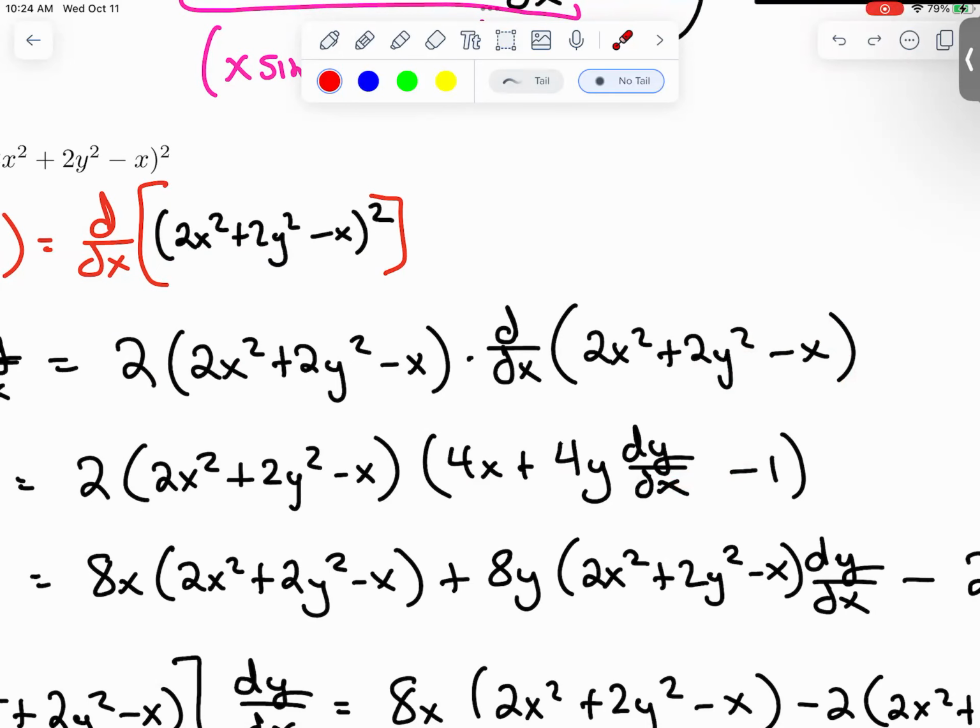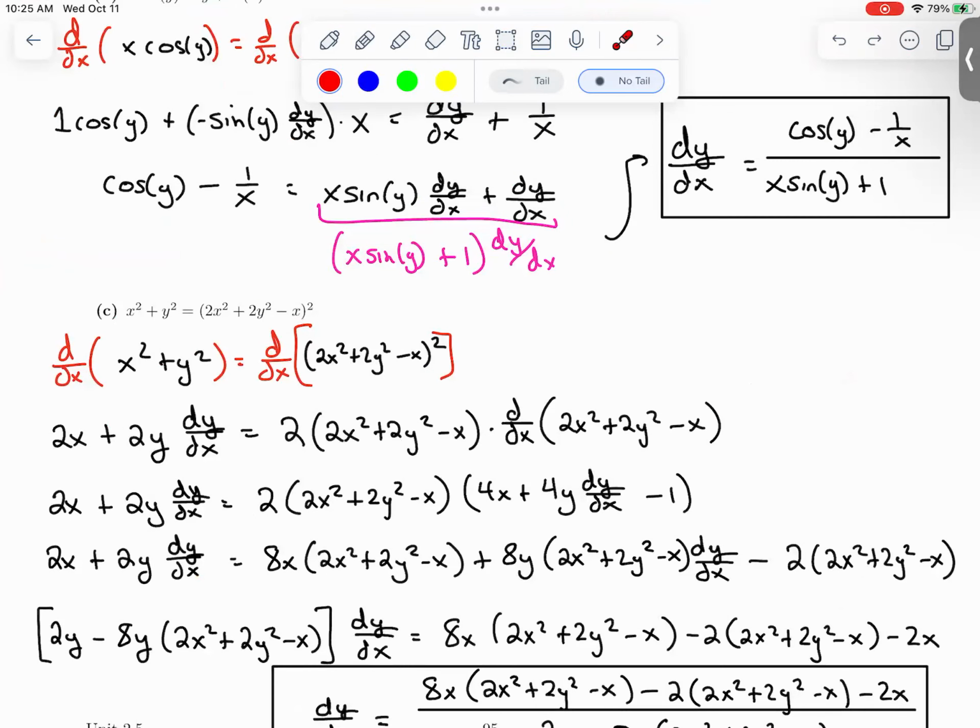Now, let's zoom back out on the full picture for just a moment and think about what our goal is. After the second line, on the third line, at this stage, we have taken the derivative. That's step 1. Step 2 is to isolate the dy dx terms.